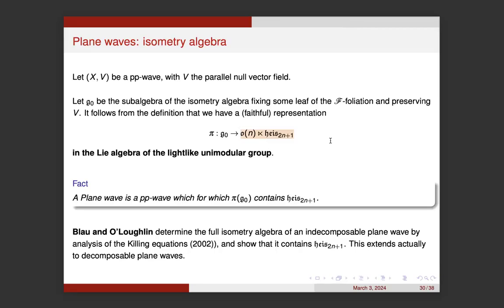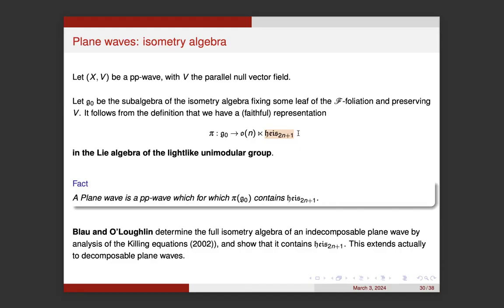So whenever I have a pp-wave, the subalgebra of the isometry algebra fixing some leaf and preserving the vector V admits a representation here. And a plane wave is a pp-wave for which the image of this representation contains the Heisenberg component, the full Heisenberg group.